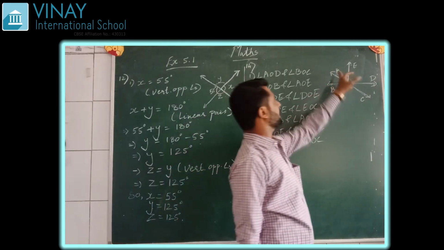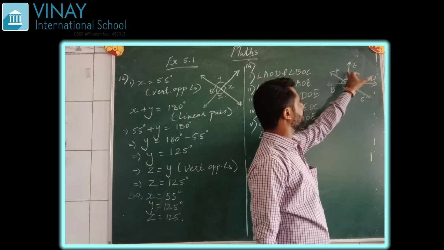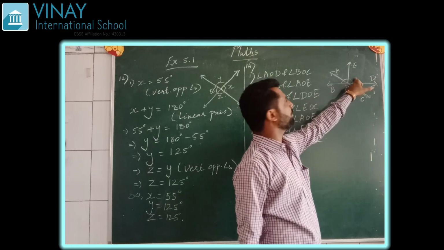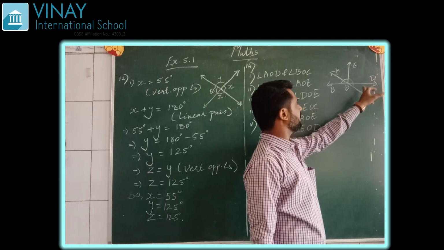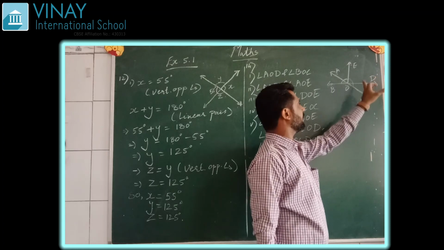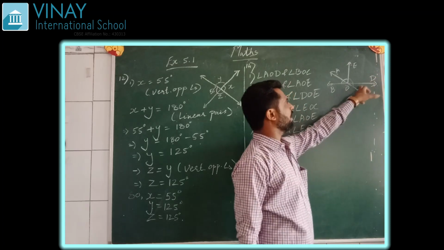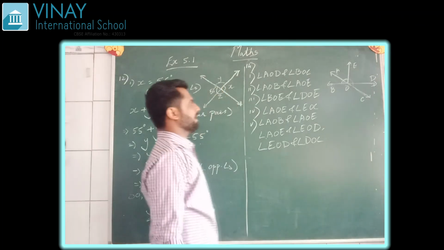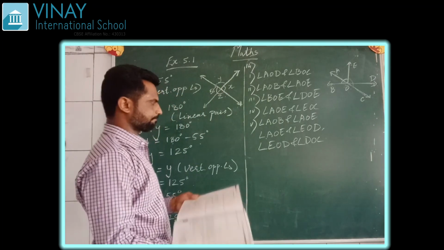In the same way, angle AOE, this angle and this angle, they both are adjacent but not forming linear pair. This angle and this angle, angle EOD and angle BOC, they are also adjacent but not forming linear pair.